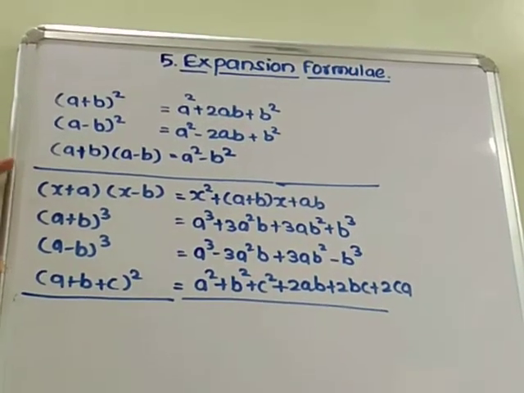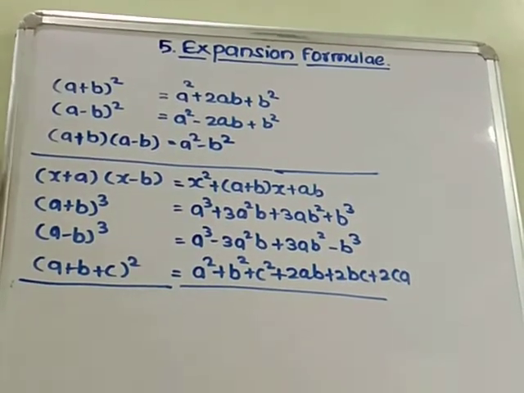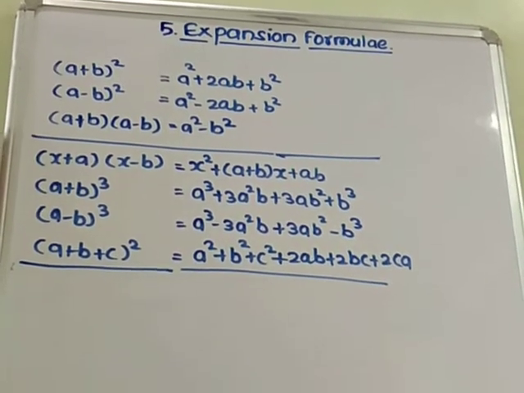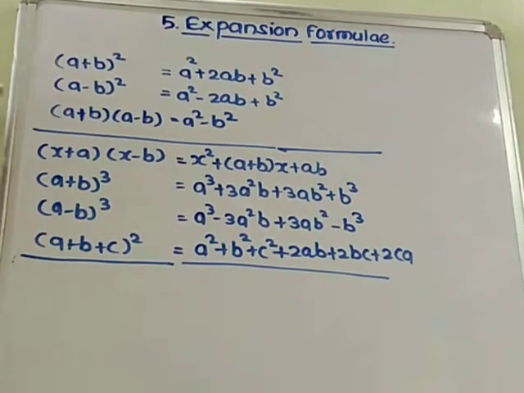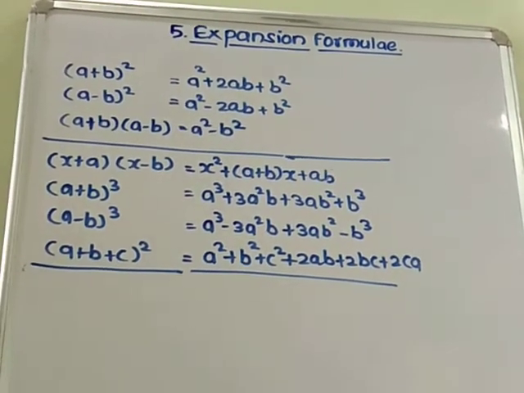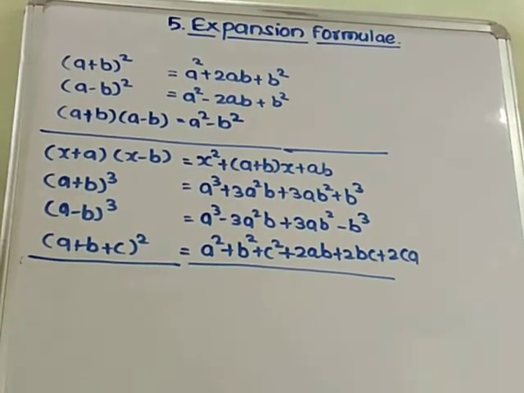This year we learn these four formulas, and the whole lesson depends upon them. We will give you an example and solve it using these formulas. First of all we check which formula is suitable for that example, then we solve the problem.